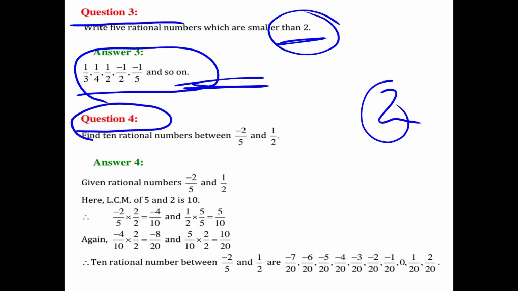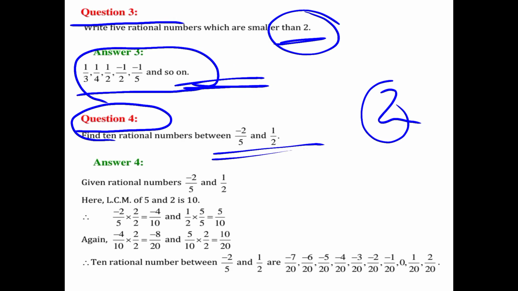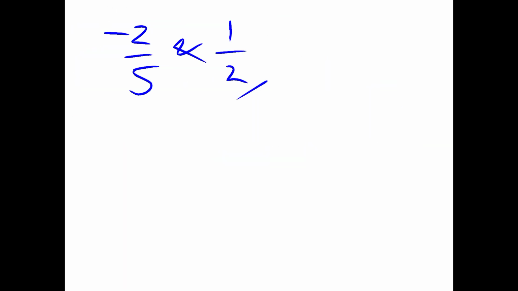Now coming to question number 4: find 10 rational numbers between minus 2 by 5 and 1 by 2. So we have to find 10 rational numbers between these two rational numbers.